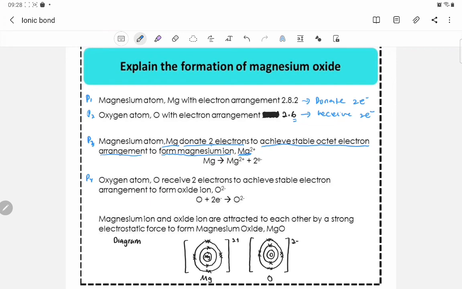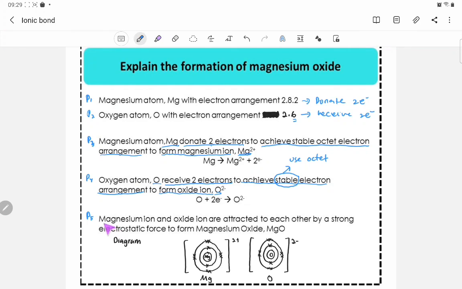Okay, for the fourth point, we will talk about how oxygen atom will form oxide ion. So oxygen atom receives 2 electrons to achieve stable electron arrangement to form oxide ion. So if you look here, I wrote to achieve stable electron arrangement. Instead of stable, you also can use octet electron arrangement. Okay, and then for point number 5, we will talk about how magnesium oxide is formed.